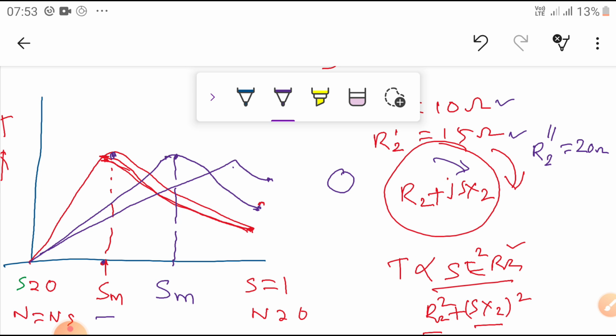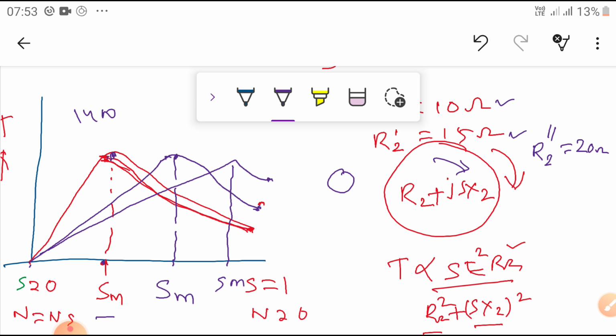What will happen here? The maximum torque developed here further increases. So S is equal to 0, that is at synchronous speed. This is the rotor speed maximum. For example, in the first case it is going to get the maximum torque nearly here, at 1400 rpm only.